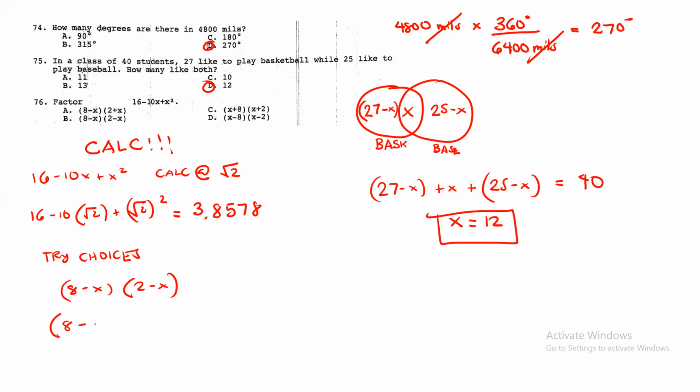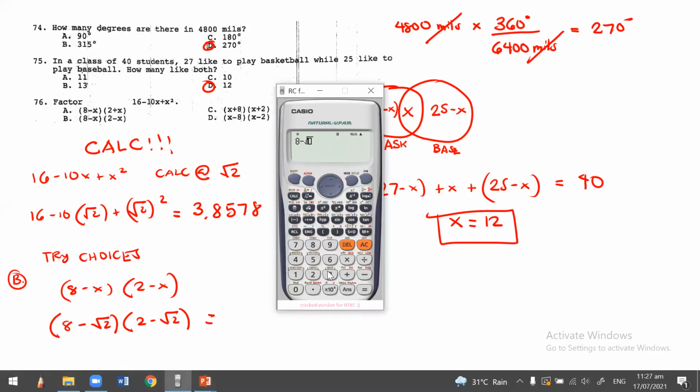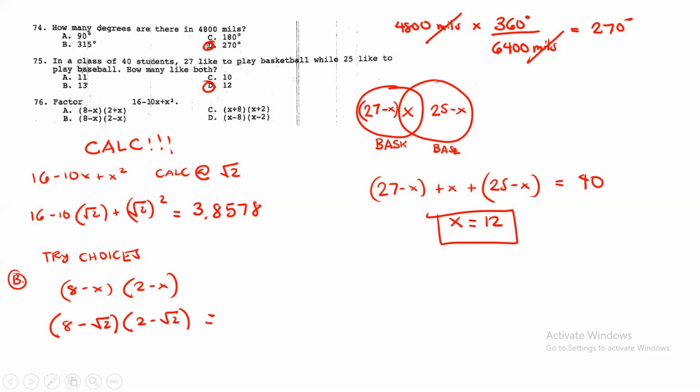So, 8 minus square root of 2 over 2 minus square root of 2. So the answer is 3.8578. So, choice B is correct.